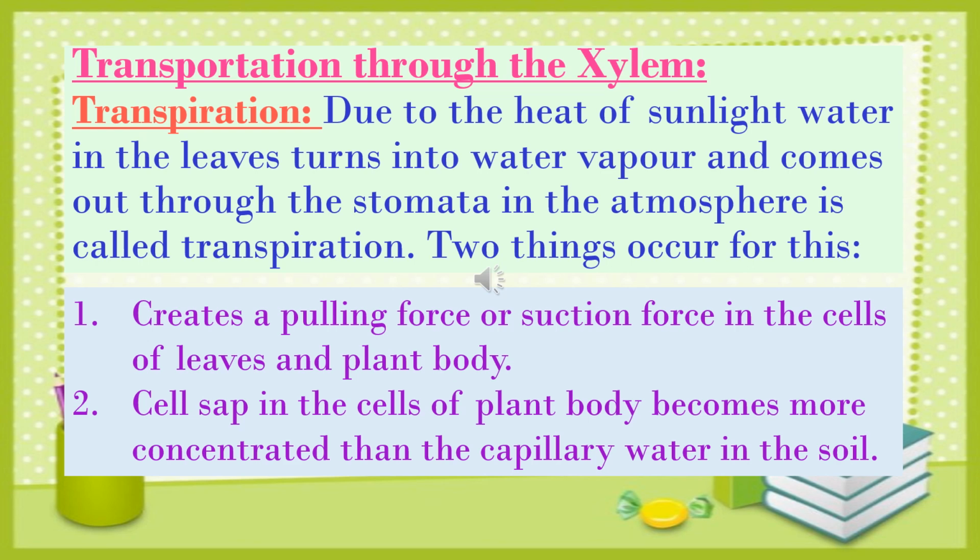Number one, it creates a pulling force or suction force in the leaves and plant body. Secondly, the cells of the plant body become more concentrated. Naturally, by losing water, the cells become concentrated, and it is more concentrated than the water in the soil.